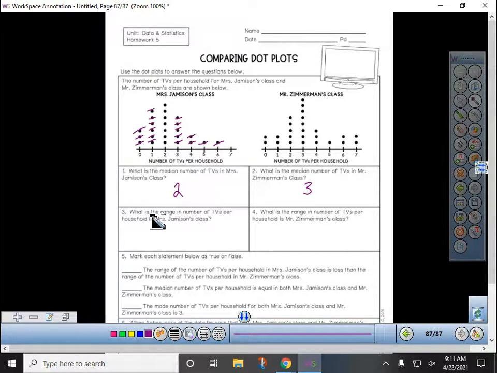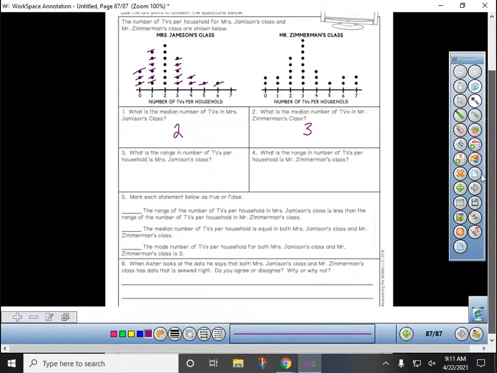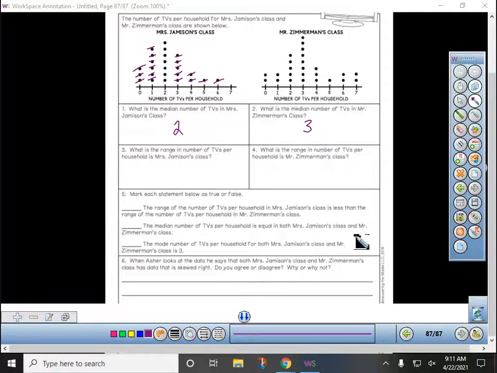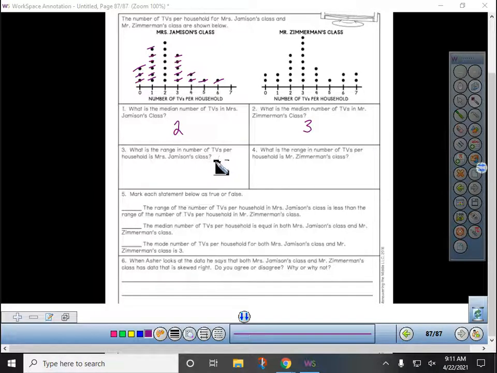What is the range in the number of TVs per household in Mrs. Jameson's class? What is it? 6? Is that right? Huh? 7. Mrs. Jameson is right here.